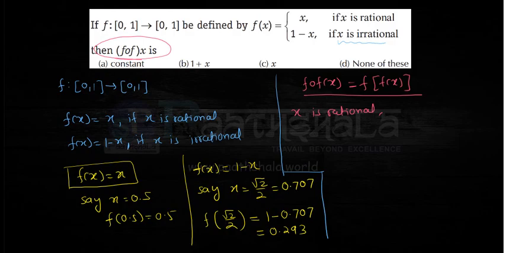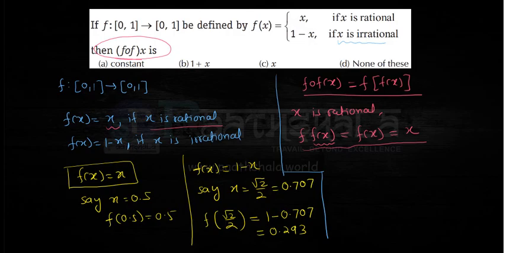Now let's apply f again to f of x, which is f of x. But we know that f of x is x here, since x is rational. So for rational x, we get f of f of x is x.